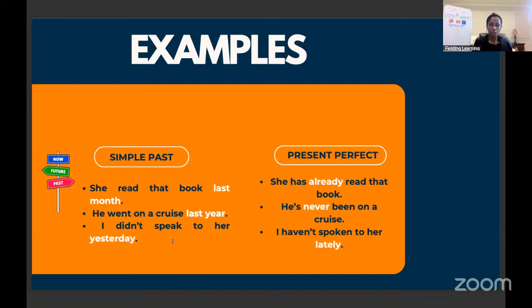So if it is something that you did yesterday or last month or the day before yesterday, you are going to use the past tense, the simple past. But now, if you are going to talk about something that you don't have in a specific time, there is the time to use the present perfect. All right? So let's now do some exercises, okay?